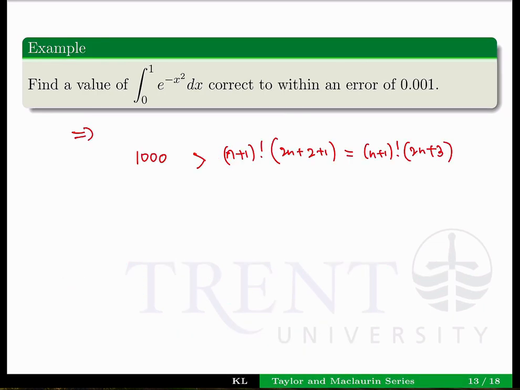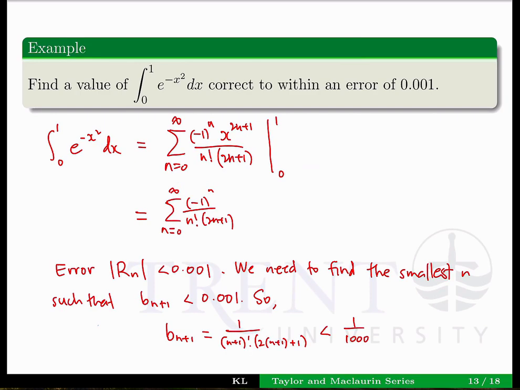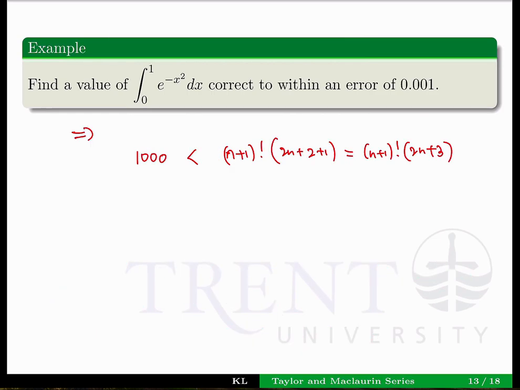We need the less than. Your 1000 must be less than this one. So again, let me go back. You cross multiply, so this one should be greater because it will go there. This one will be lesser, go there. So this is the inequality.